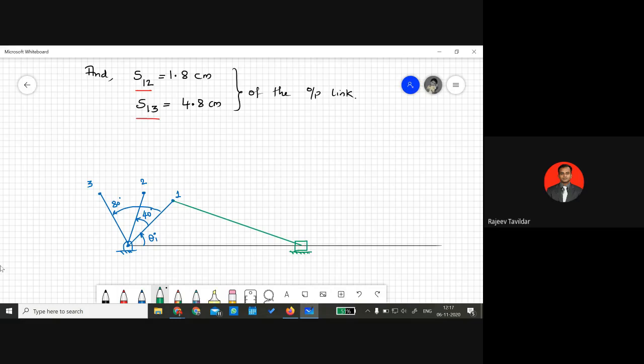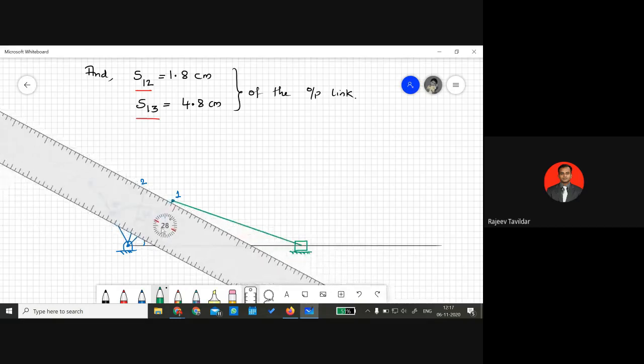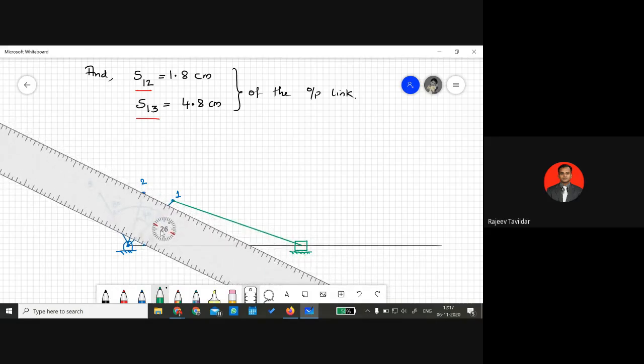Similarly, if I draw the connecting rod or connecting link for the second position, then its slider will come over here.